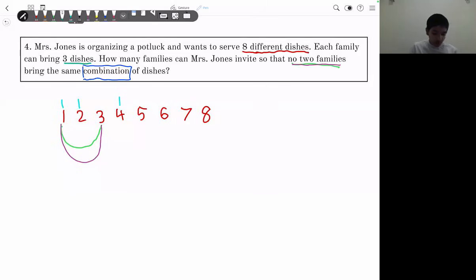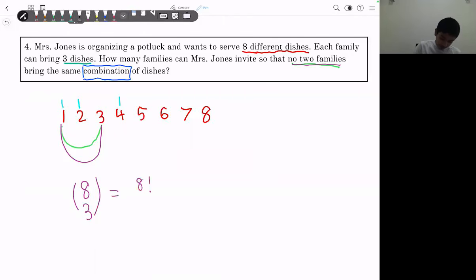So therefore, the maximum number of ways to choose 3 dishes from these 8 dishes, well, the maximum number of families that can be there such that no two families bring the same 3 dishes, that will just be 8 choose 3. And this is because with every 3 dishes chosen, you can only have 1 family for every 3 dishes chosen. Because if you have a duplicate, that would not be allowed. You can evaluate this.